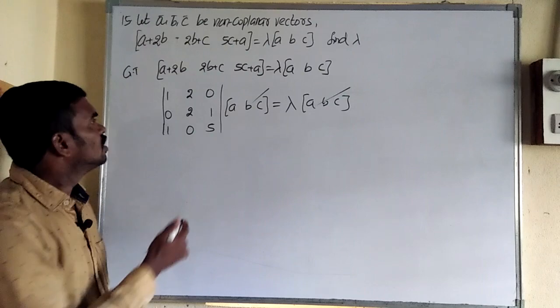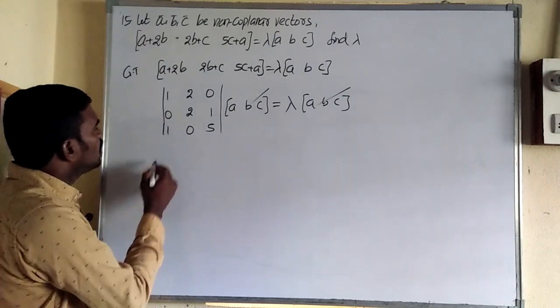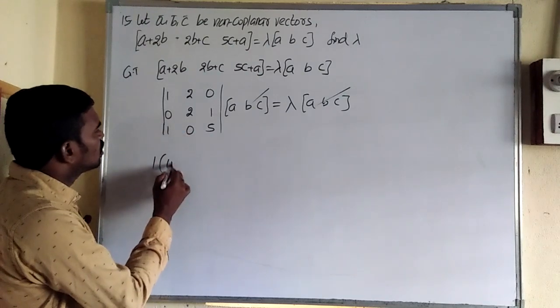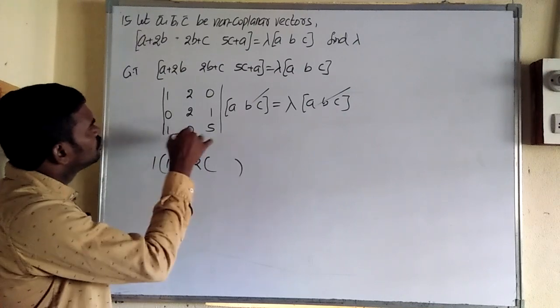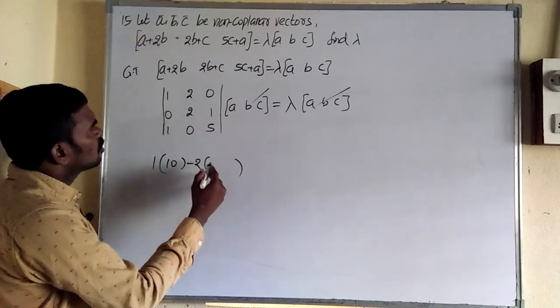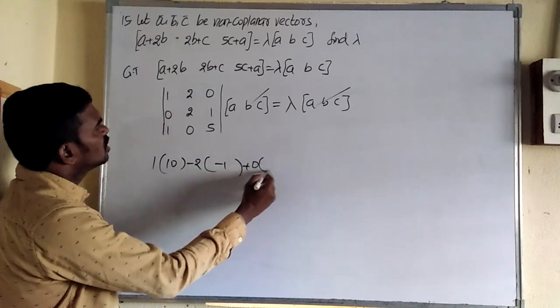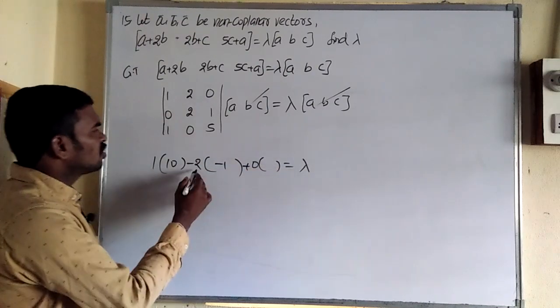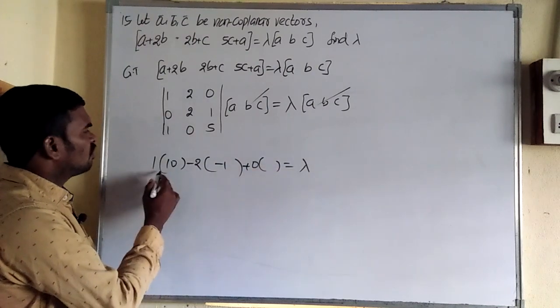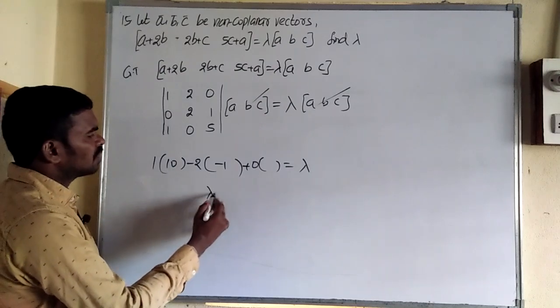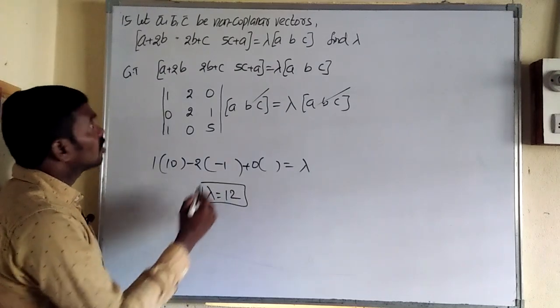Got it? See, 1 into (10 minus 0) is 10, minus 2 into (0 minus 1), plus 0 into something gives 0. So we get minus 2 into minus 1, plus 2, plus 1 into 10, which is 10, 10 plus 2 is 12. Lambda equals 12 is the answer. Got it?